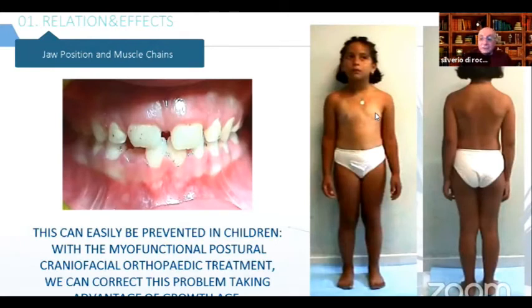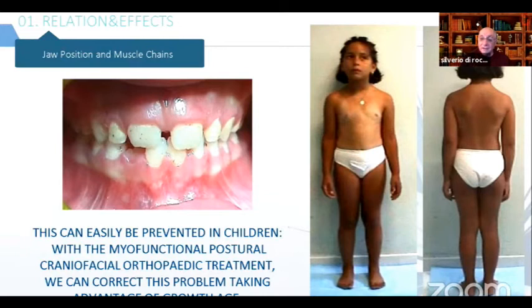In that age is when we can prevent, in this age, we can prevent the situation. In that age, early age, that's why in our school we focus in pediatricians and pediatric dentists and medical doctors, family doctors, to act in that age.